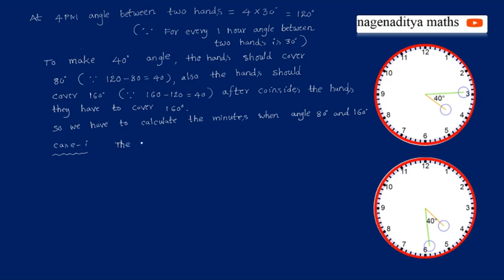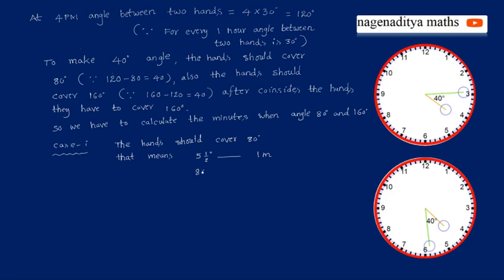The hands should cover 80 degrees. At 5.5 degrees per 1 minute, for 80 degrees how much?